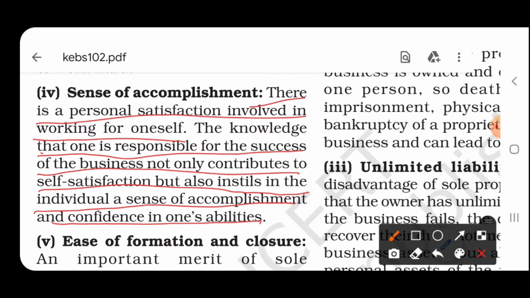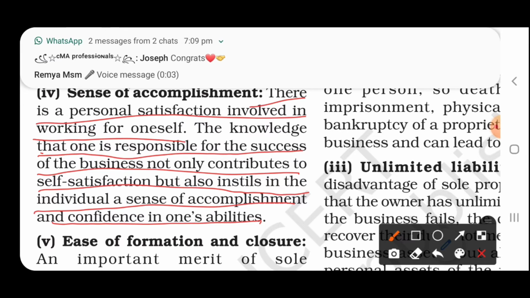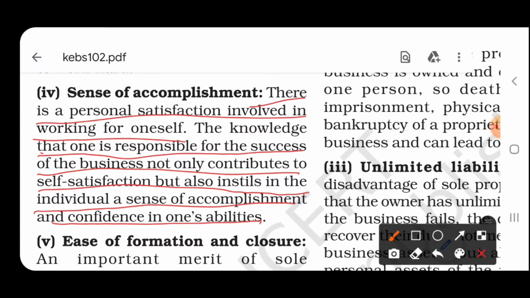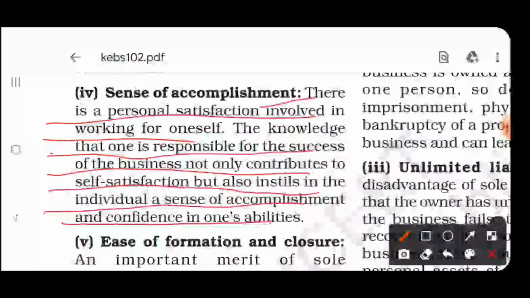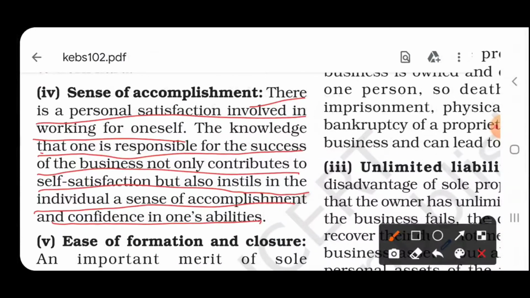So he is responsible for the success. So that is why he is satisfied. But in case there are 2 or 3 persons sharing, then one person will not be satisfied in the work done by a second person. So there can be some differences. So here the personal satisfaction will be involved.